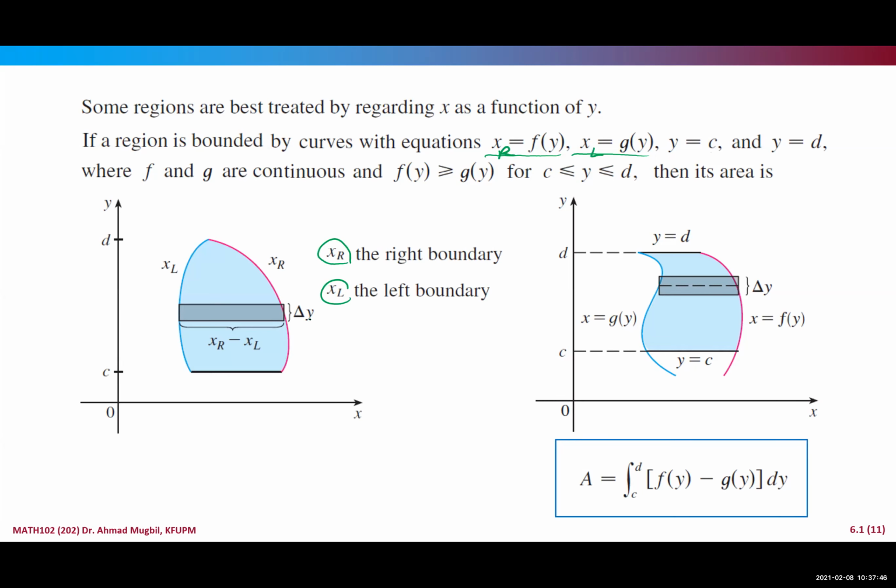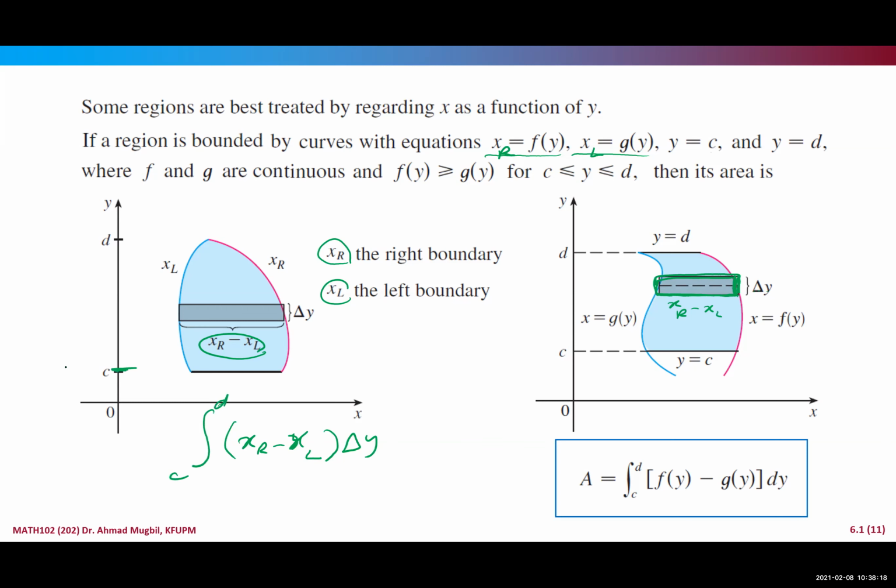In this case, you will integrate with respect to y, because if you draw a typical rectangle from the right to the left, the width of this rectangle will be delta y, and the length will be x right minus x left. The area of this rectangle will be just x right minus x left times delta y. This is for one rectangle. For all of them, you will do it from c to d.